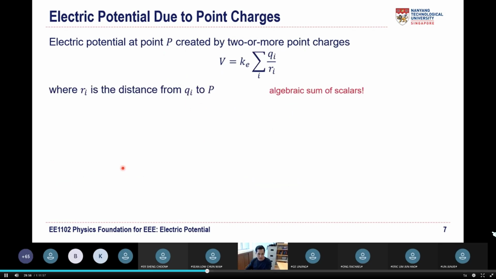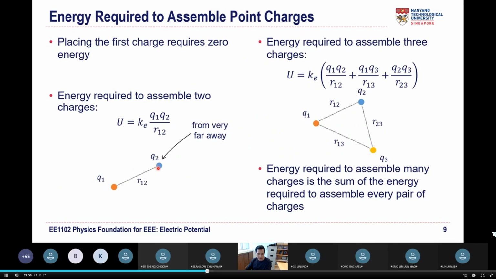And now we actually apply that, and we are bringing in that charge. So you just multiply the electric potential of Q1 by Q2 to calculate the energy required to assemble these two charges into an empty space, let's say.